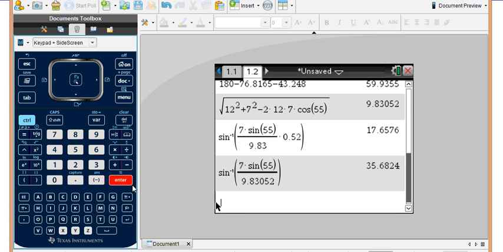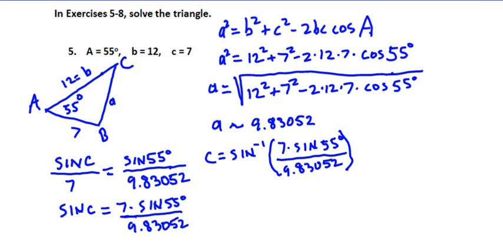Okay, 35.6824 degrees. That looks better. So that's going to be angle C.